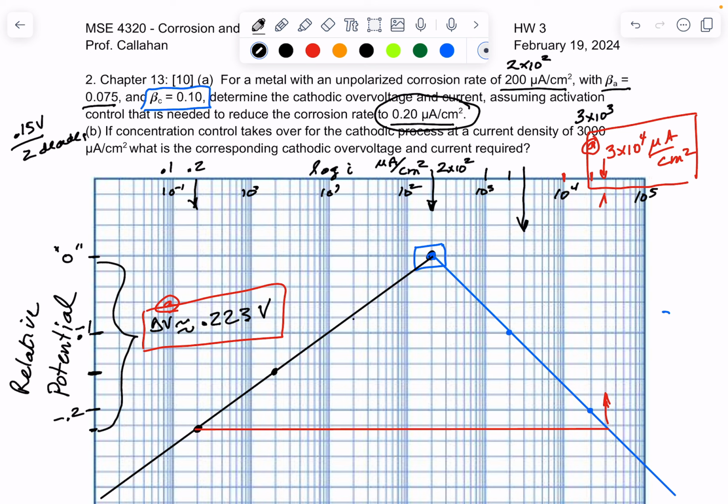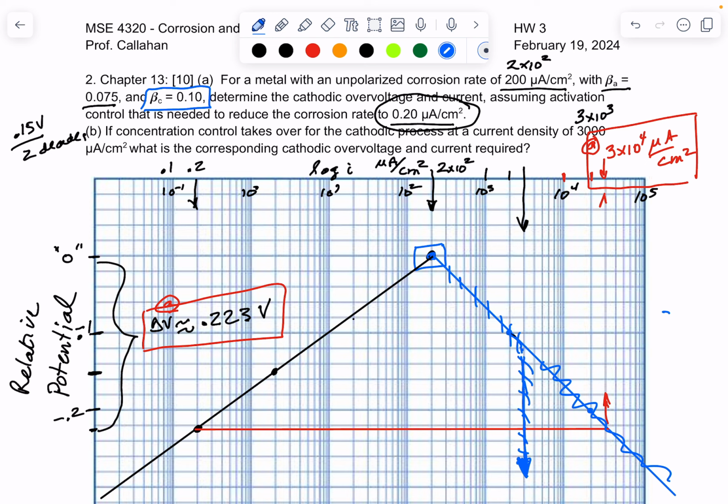So what this part of the problem is stating, and I'm going to switch to the blue line, is that at this current, the diffusion of whatever it is that's reducing is now limiting the rate of reaction, and so the modified reduction curve now, and I'm going to crosshatch what it looks like, follows this trajectory all the way down, and this part of the curve no longer happens.